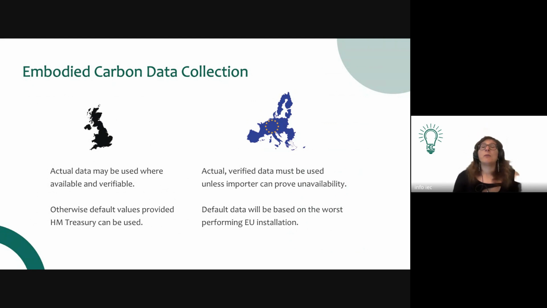And the reason that you might want to use your actual values rather than the default values is that if your supply chain is much more advanced in its carbon reduction than the average, you'll be able to reduce the amount of CBAM liability that you need to pay. And so that is a cost benefit analysis that each importer needs to make for themselves.